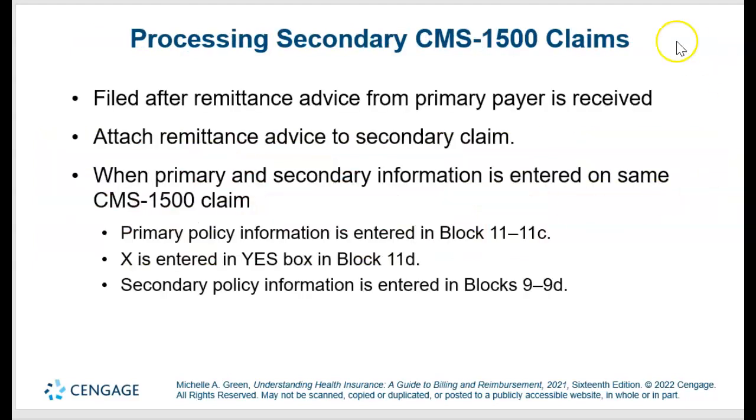All right. So processing in the secondary CMS 1500 claims. These are filed after the remittance advice from the primary payer is paid or received. You attach the remittance advice to the secondary claim. When the primary and secondary information is entered on the same CMS 1500 claim, then these boxes are going to be filled out.